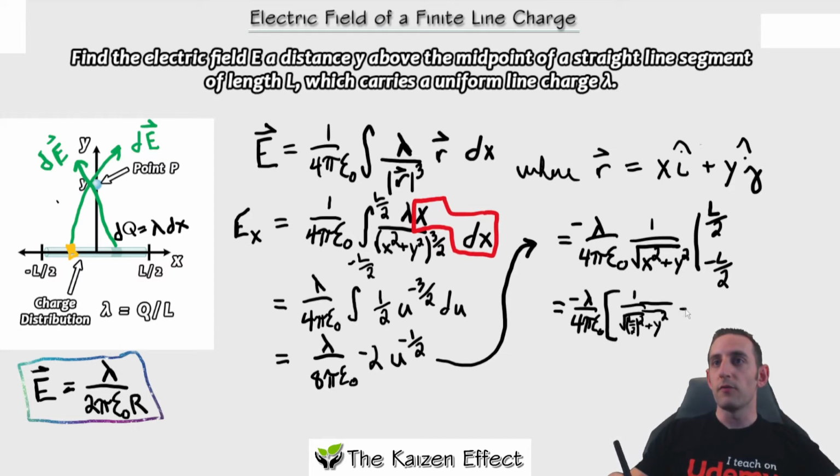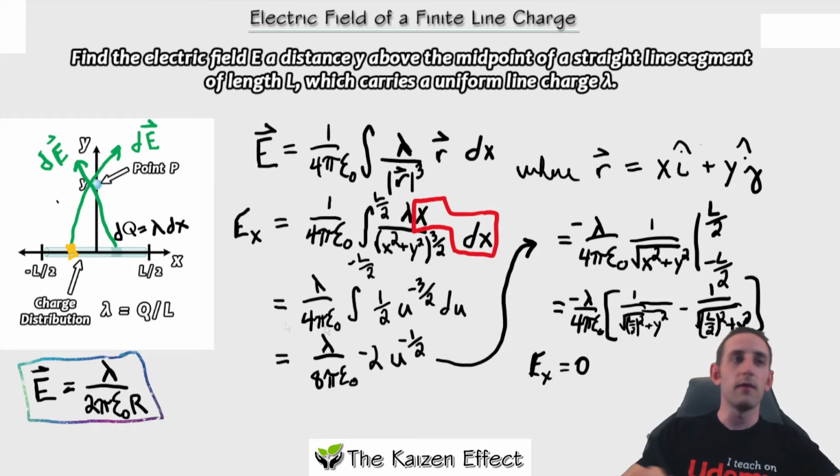And then we're going to subtract the same thing. The thing that saves us is this square term right there. So we get L over 2 quantity squared plus y squared. And we find that Ex is equal to 0. That's an awesome result.